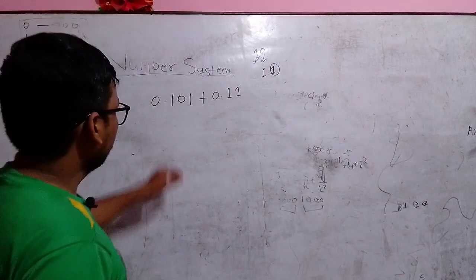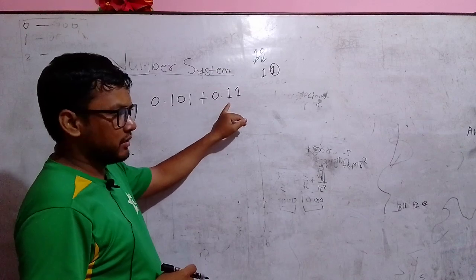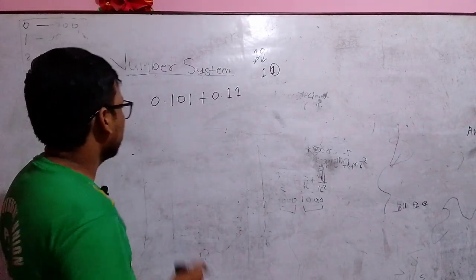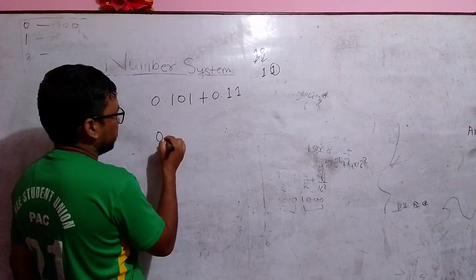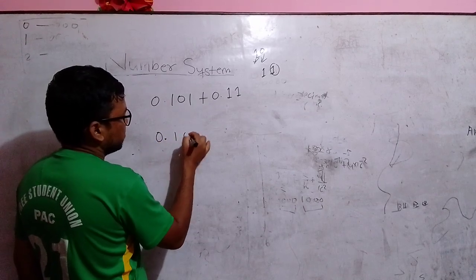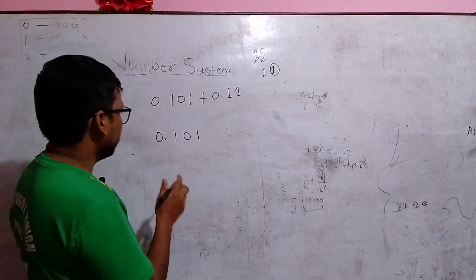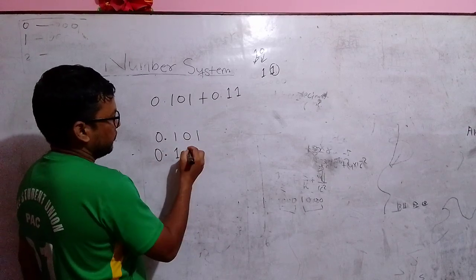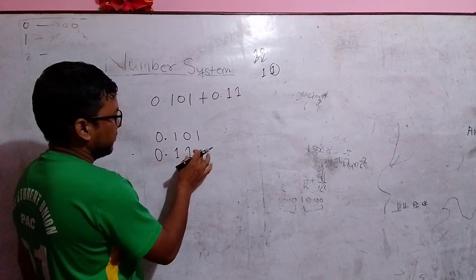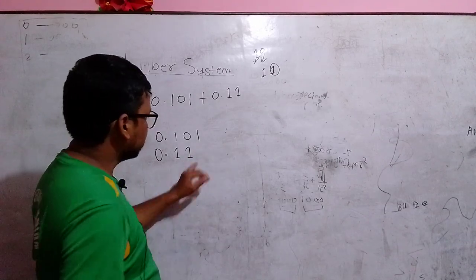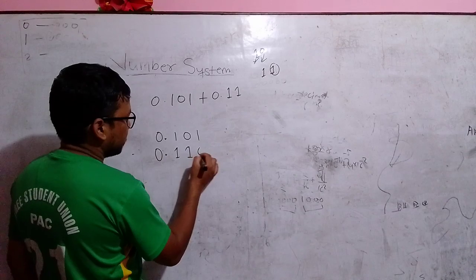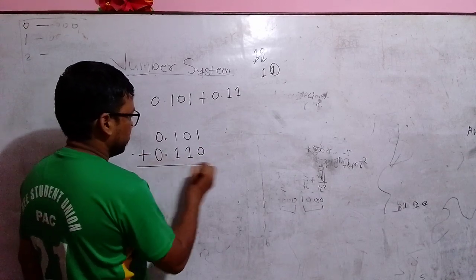Now, we need to align each digit based on its position by taking this dot point as reference. First of all, 0 dot 1 0 1, and the second number is 0 dot 1 1, and there is still one digit left. That means we can append any number of 0s to the right hand side of a fractional number.